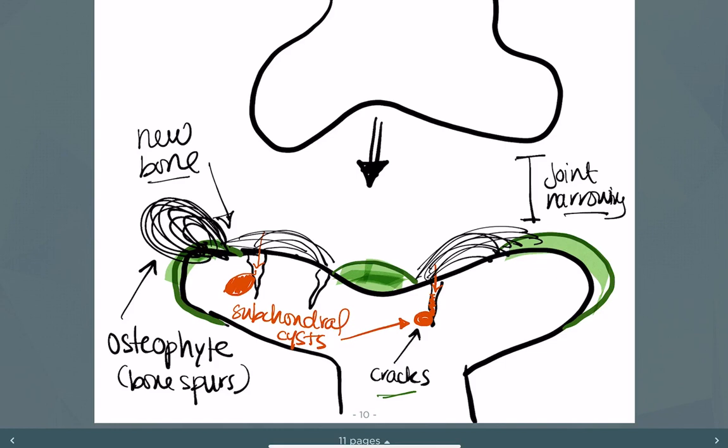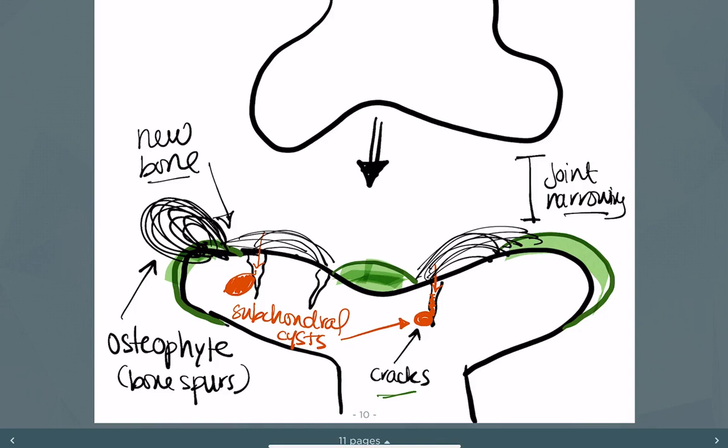You get growth of new bone called osteophytes that narrows the joint and creates even more abnormal loading within the joint. So, for many different reasons, arthritis is a disease of repeated abnormal stress on the cartilage.